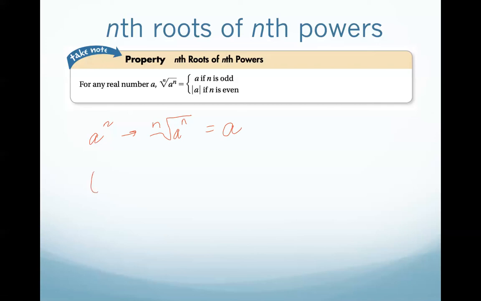What if I take negative 2 squared? That's 4. Okay, and then I take the square root of 4. Well, that's 2 or negative 2, right? So A was negative 2. Our principal root is 2. Now remember, the principal root means if I ask for the square root of 4, you don't have to give me both 2 and negative 2.